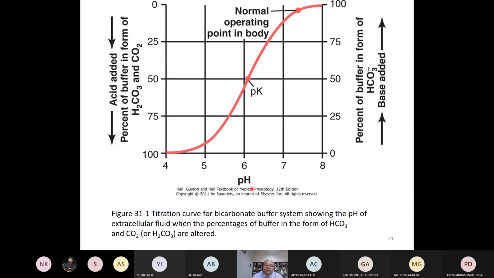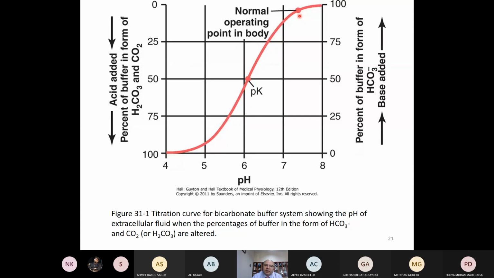The pK value of the bicarbonate system is close to 6, as you see in this figure. Although the pK value is close to 6, blood pH is 7.4, and this bicarbonate buffering system is working at pH 7.4 very, very well. Why?